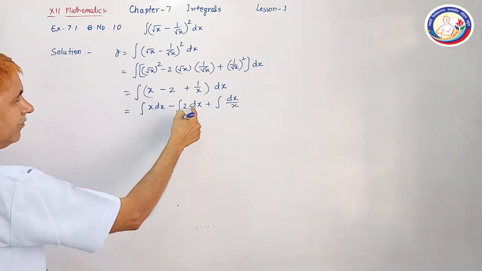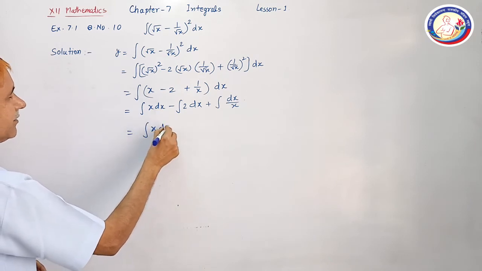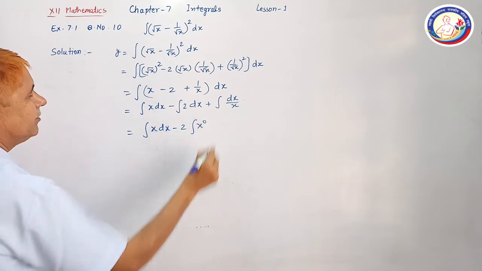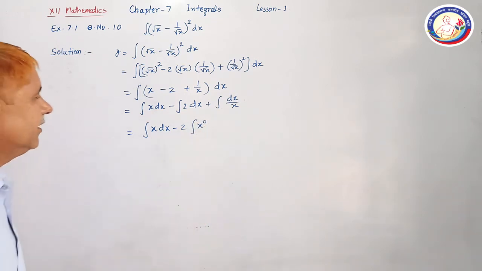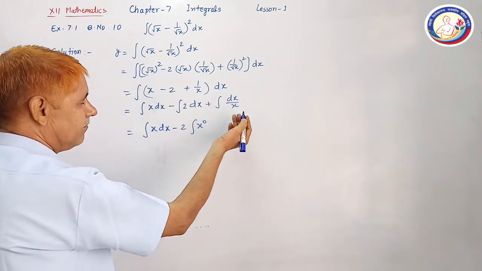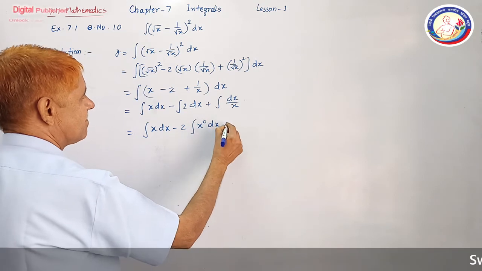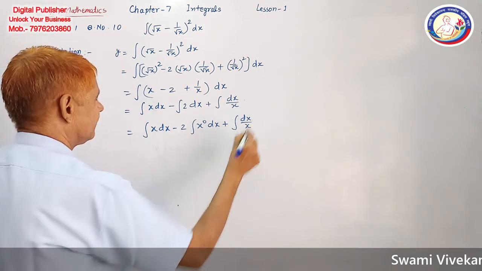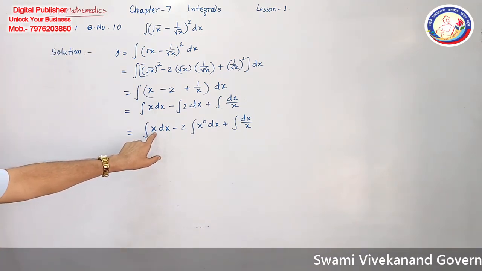Again, by the fourth rule, we can take it outside: integration of x dx minus 2 into integration of x raised to power 0. We can write 1 as x raised to power 0. It will make our task easier. Now, which is the function for which the derivative is x?